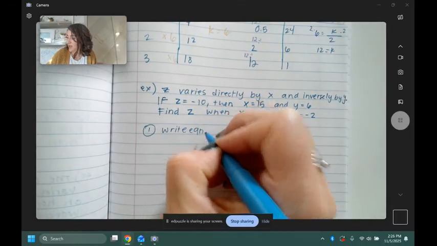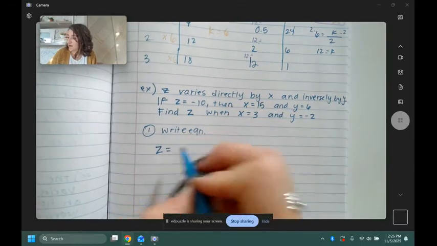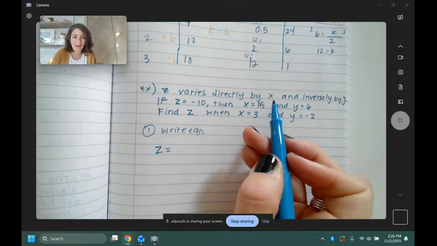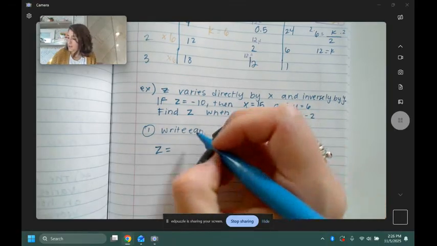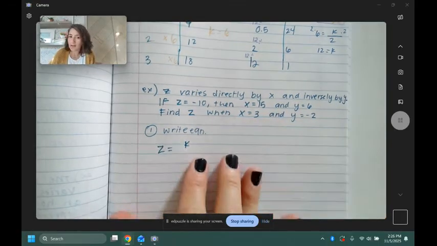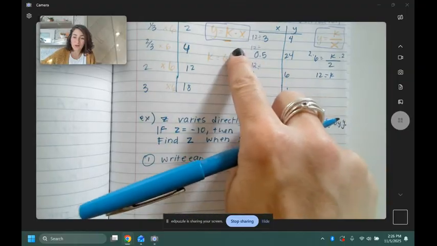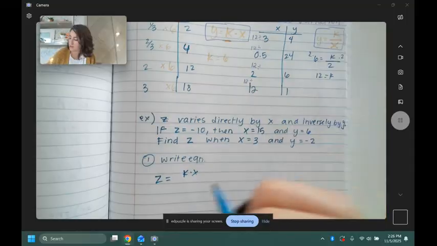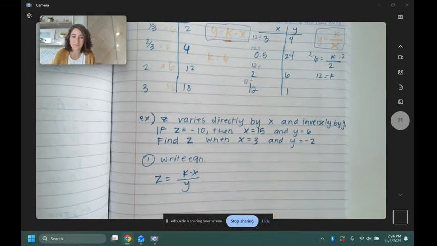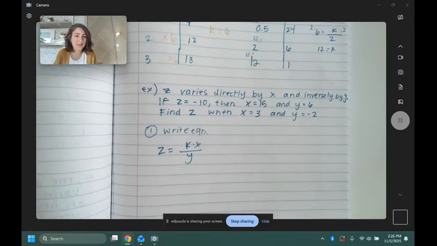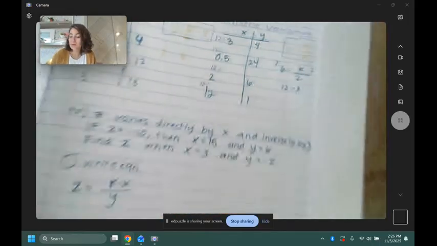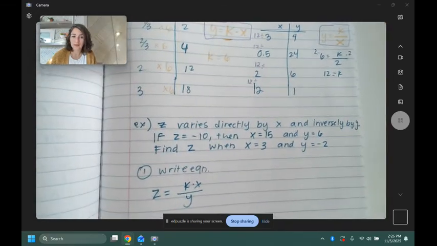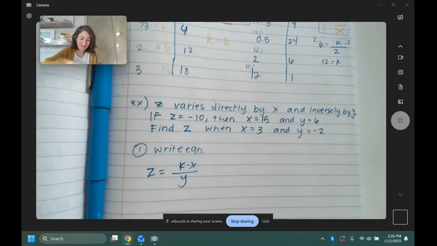So I need my k, and it varies directly by x, inversely by y. There's your equation. That's it. K is on top, y is on the bottom. X is on top, y is on the bottom. Step number 2, find k.